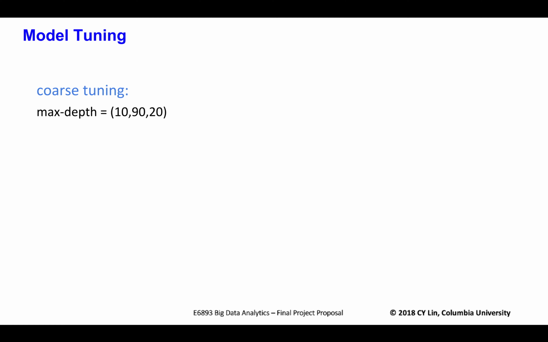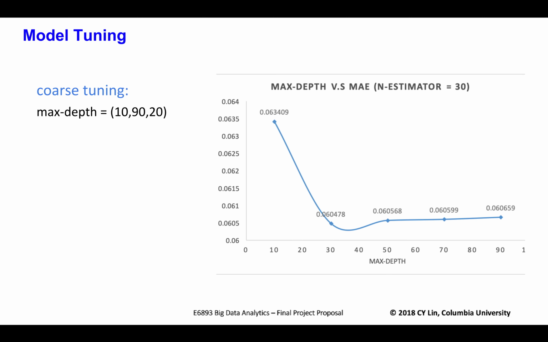At first, we just coarse-tune the parameter, meaning that we first use a coarse range to find the optimal value.